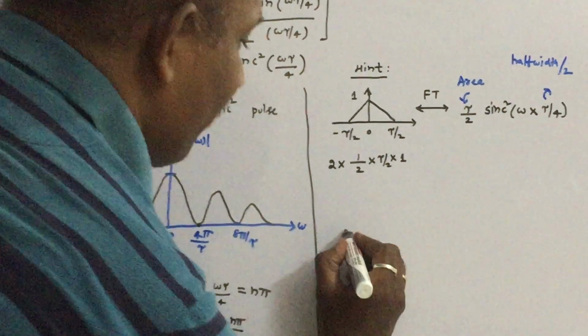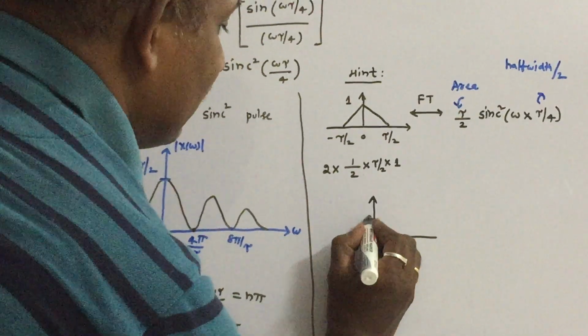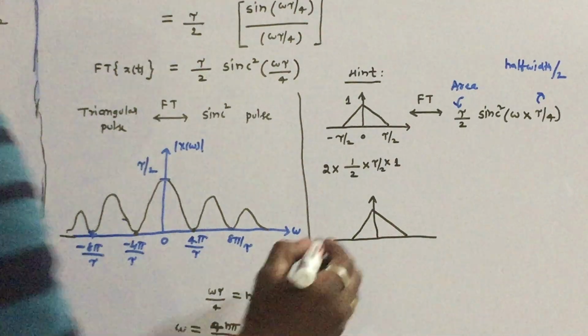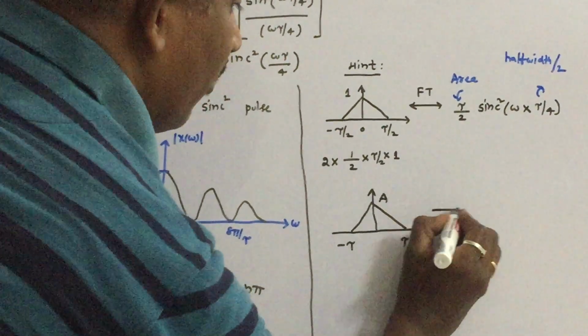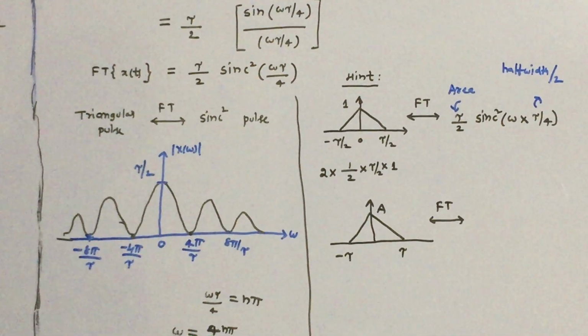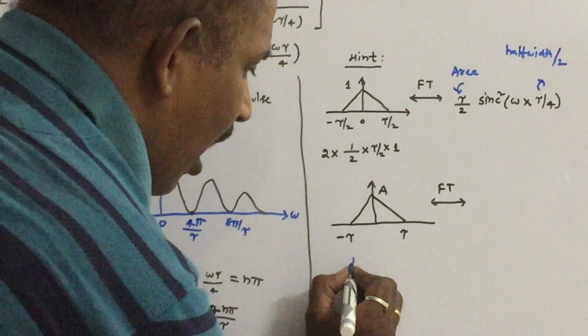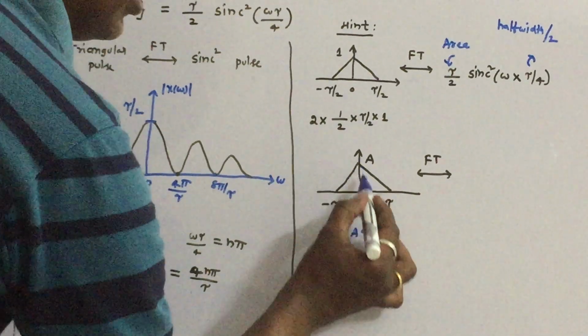Suppose if the triangle is given like this, for example say it is extending from minus tau to tau of area A. So what is the Fourier transform? Let us check it out. So what is the area of this? Half A tau, half AB, half height is A, width is.